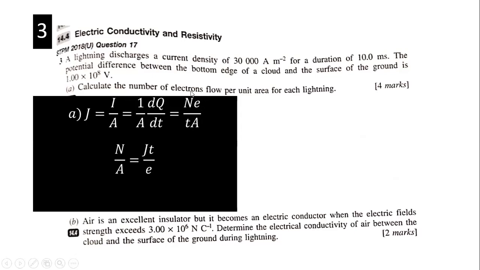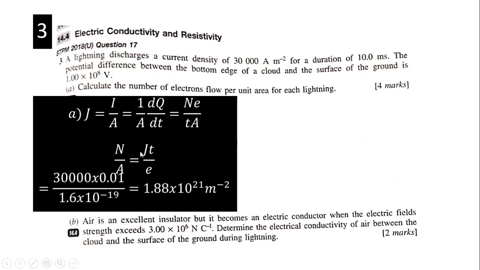You want the number of electrons per unit area, so you want N over A. So you take your t across and your e down. That's what you get. And put in your value. Right? J is there. And that is your time. Change it to seconds. And then the charge on the electron.